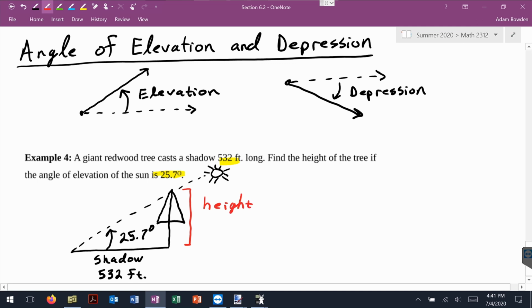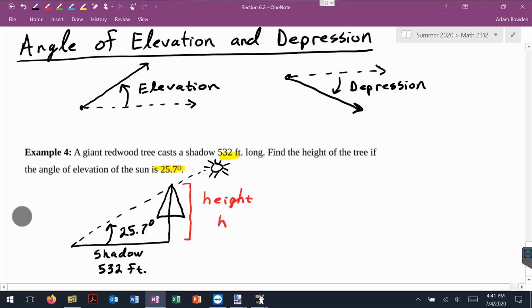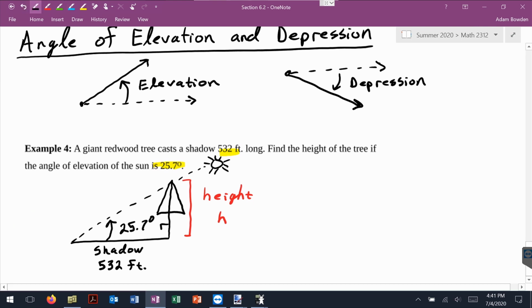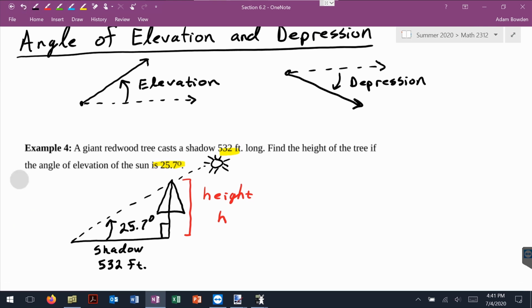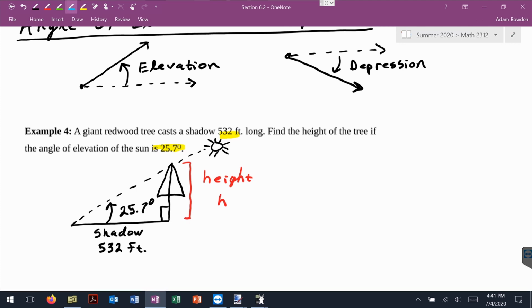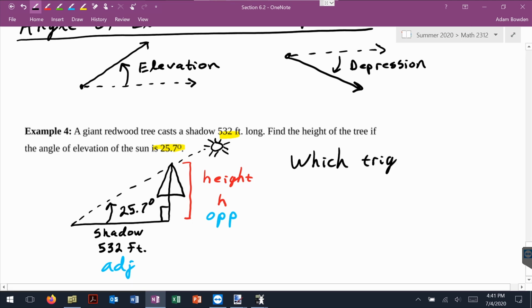So what I'm going to do is give it the letter H for the height, and then start thinking about how this right triangle is constructed. So we're going to consider the right triangle here. So with our angle in the position it is, this would be the side opposite, and this would be the side adjacent. So we have to think about which trig function uses the opposite and adjacent.